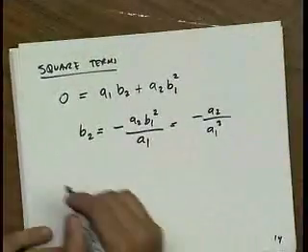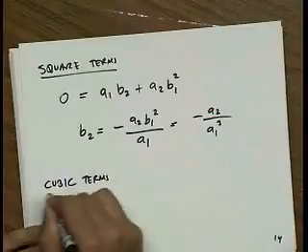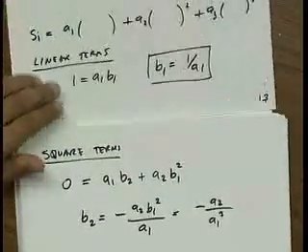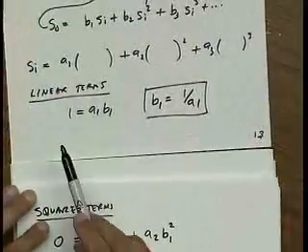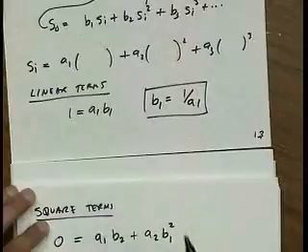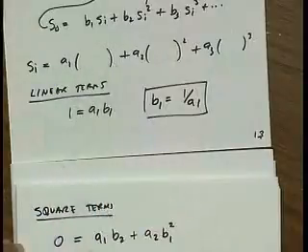And I can do the same thing for cubic terms. Again, there are no cubic terms on the left-hand side of this equation. The right-hand side, I have a cubic term which naturally comes out of here.